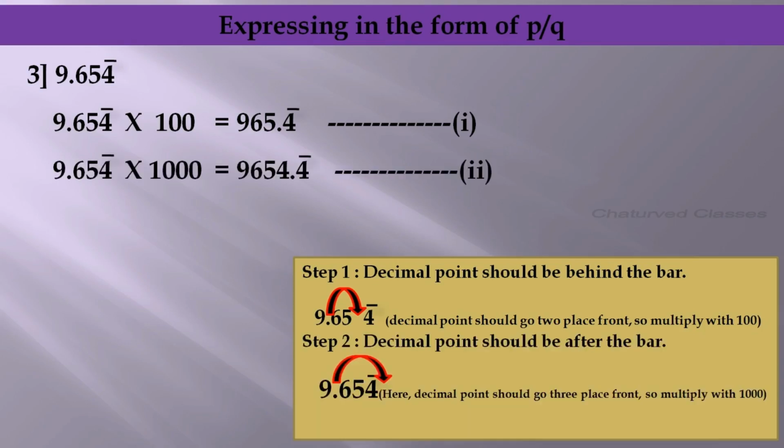In step 2, the decimal point should be after the bar. Here the decimal point should go three places front, so multiply with 1000. When you multiply with 1000, you get 9654.4 bar and you call it equation number 2.